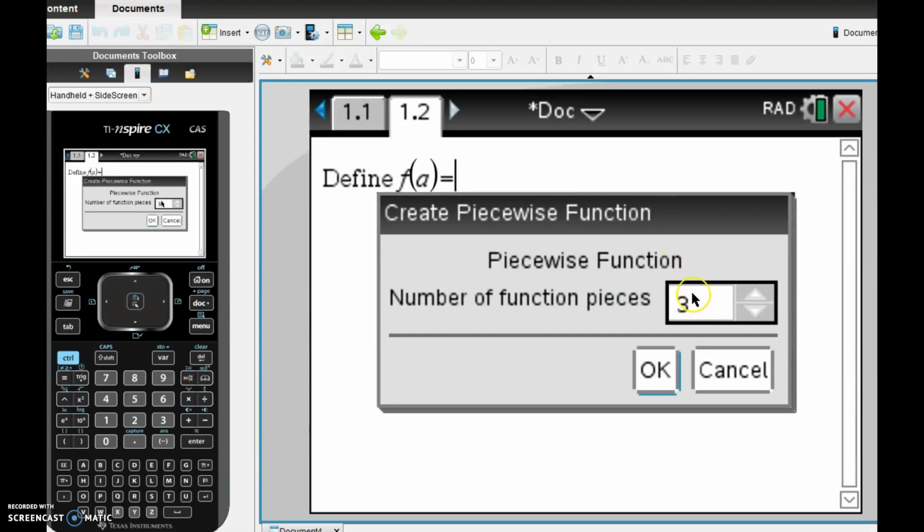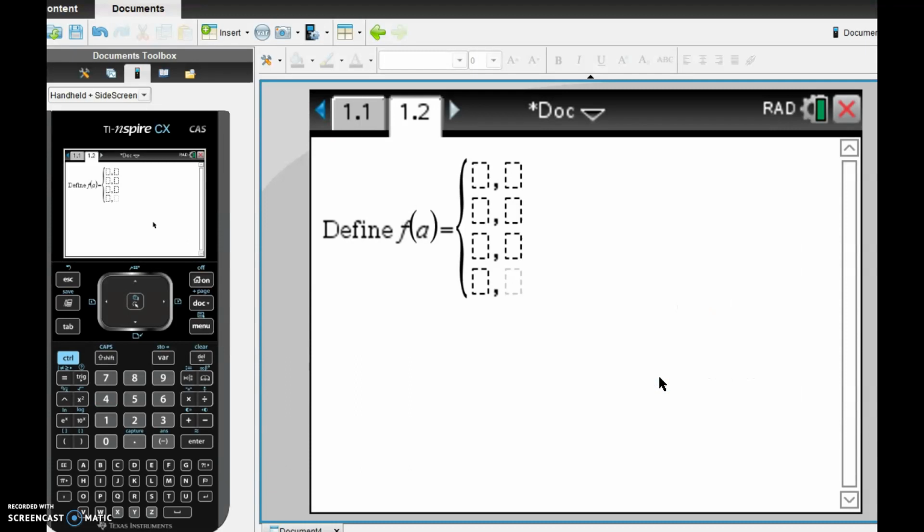I actually am going to have 4 pieces on this one because I have 3 initial terms. So I'm going to change that to 4. So you're going to put in your initial terms. Your first one is 1 when a equals 1. I'm just pushing tab to get between these. The next one is -1 when a equals 2.